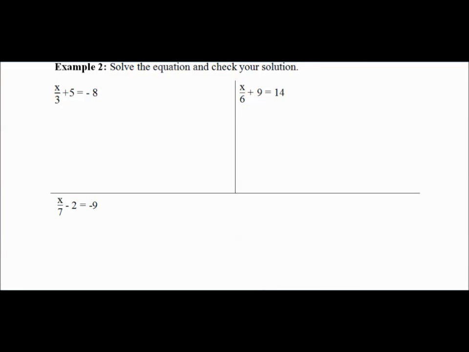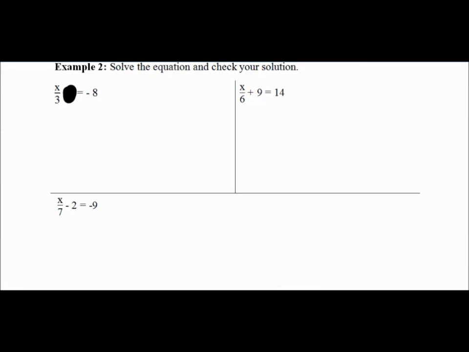If I were to cover up the denominator and I was left with x plus 5 equals a negative 8, those are the types of problems that you solved in lesson 2.1. Now, if I were to cover up the plus 5, then we're left with x over 3 equals a negative 8. Those are the types of problems that you learned how to solve in lesson 2.2.